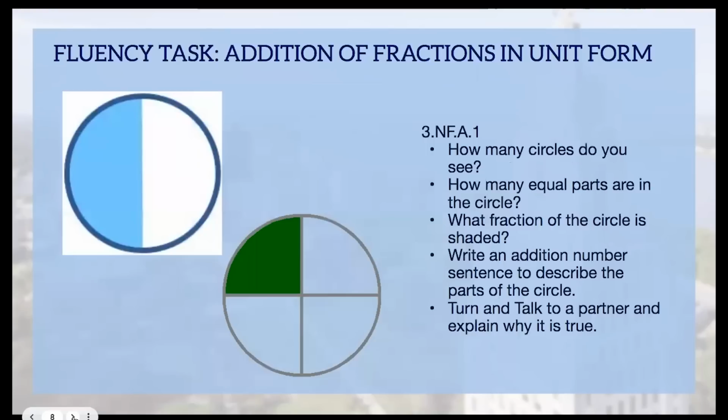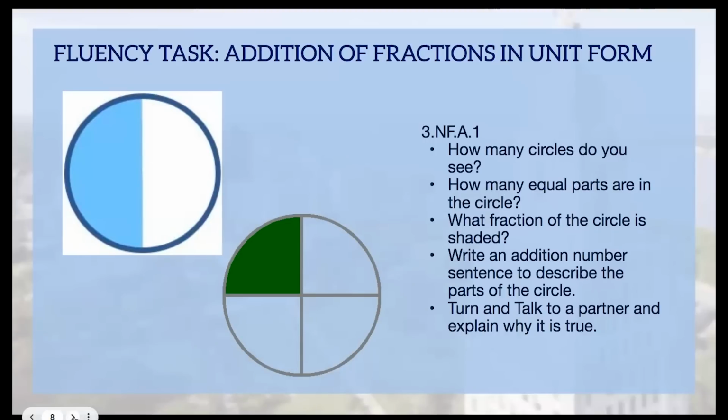So now let's look at one of the other fluency activities from that lesson. It's addition of fractions in unit form. So students are presented, here we have some circles. They have to identify how many they see, how many equal parts are in the circle, identify the fraction of the circle that is shaded, write an addition number sentence to describe the parts of the circle, and to encourage and spark discourse among students, I added the turn and talk component to this fluency activity.